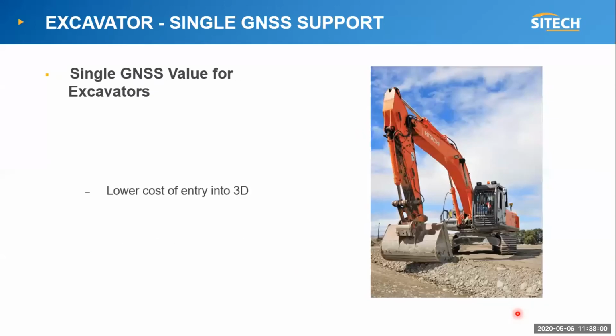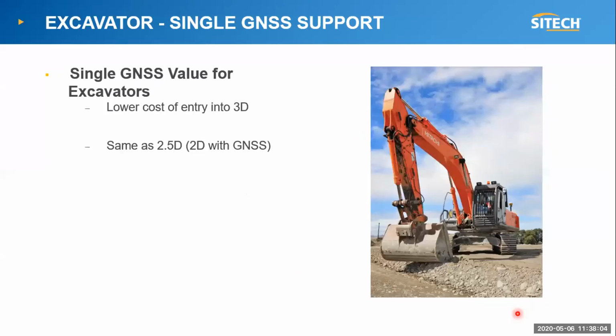The way that we see this, the benefit is for those who are very new to the machine control market. You're just dabbing a toe into it and saying, well, I've got an excavator, I'm just going to put an ordinary 2D system onto this and try it out and see how I get along. Well, that's great. With your 2D system, which really just does depth and slope, it doesn't have any design functionality.